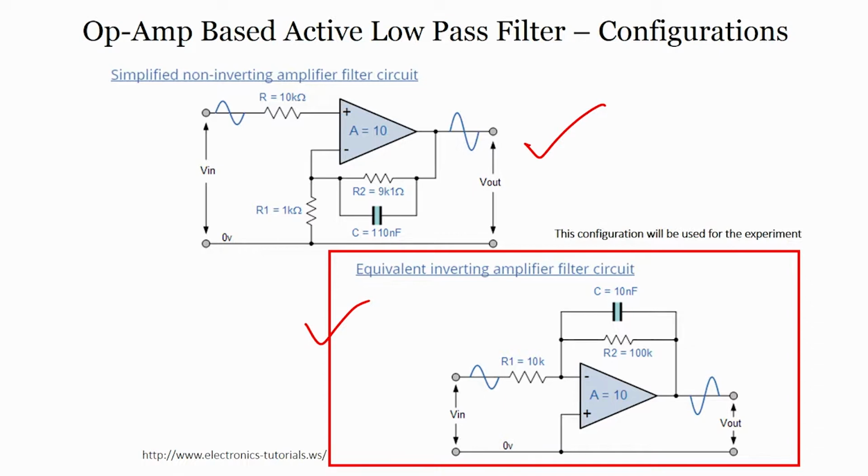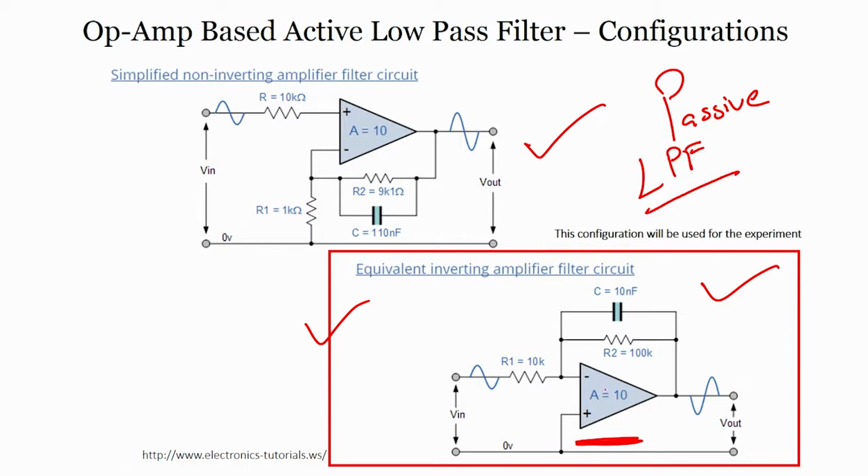So, now we will actually perform the experiments with the op amp based active low pass filter using the inverting amplifier filter circuit, using this particular circuit. But before we use this circuit, which has an active component, the operational amplifier, we have to first understand how the passive RC filter, or passive low pass filter, will work.